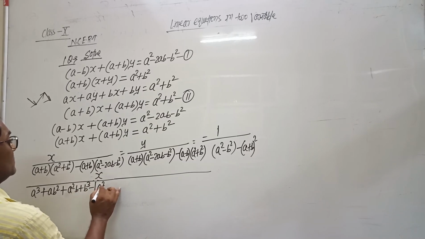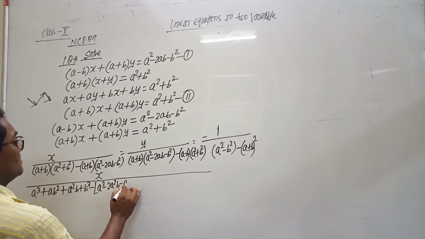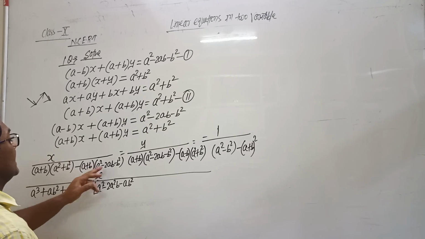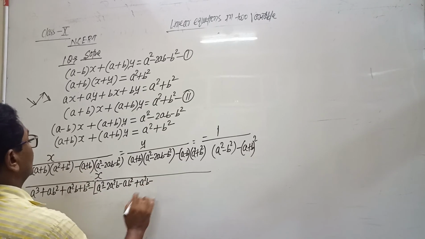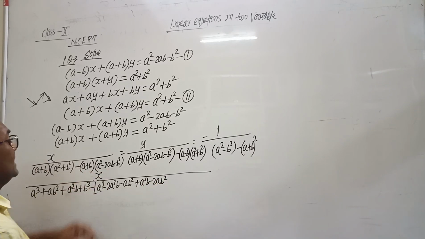So a cube minus 2a square b minus ab square, and plus multiplied by b. So a square b minus 2ab square and minus b cube.